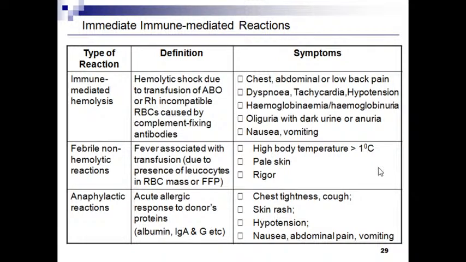And third type of immediate immune-mediated reaction is anaphylactic reaction.